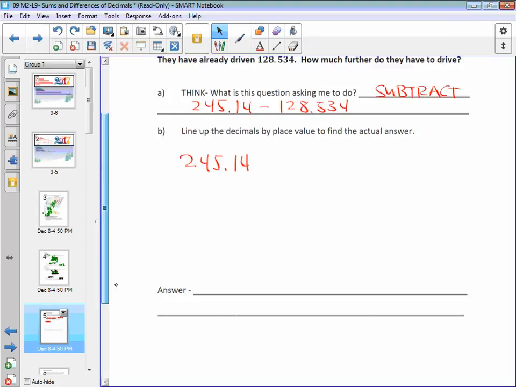Anybody want to come up and just do it? Line everything up nicely and go? Snake. Try to write as neatly as possible because lining everything up perfectly is going to make a difference. Put a blank where an annex 0 should go. You can do it right, it's fine.